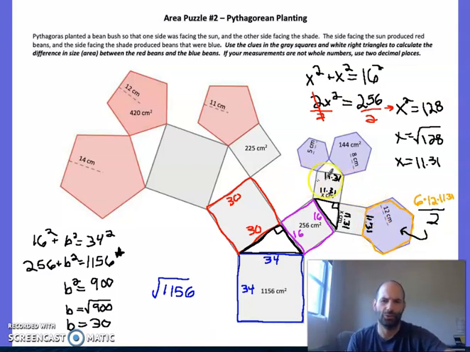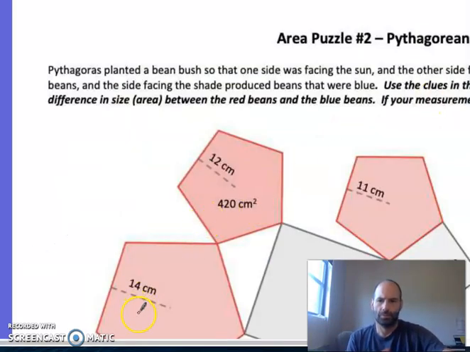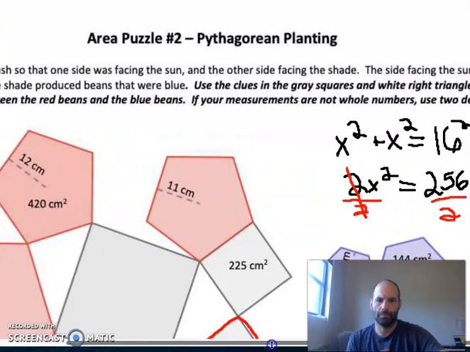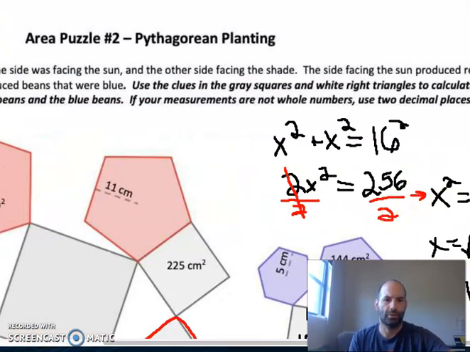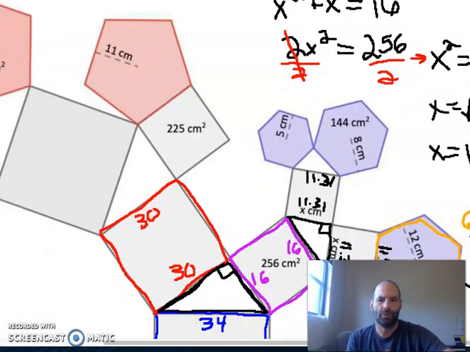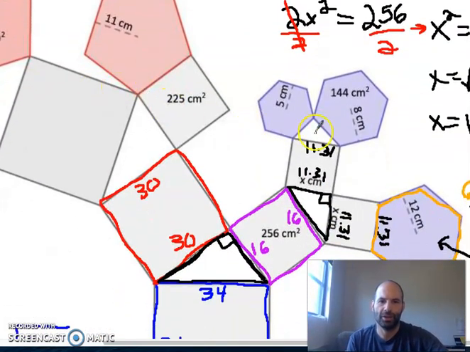So let's look at this situation. We got 11.31 right there. We got the short side, and we got the middle side. So we only got one side of this triangle.